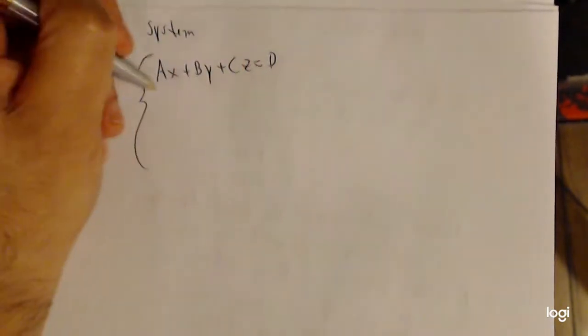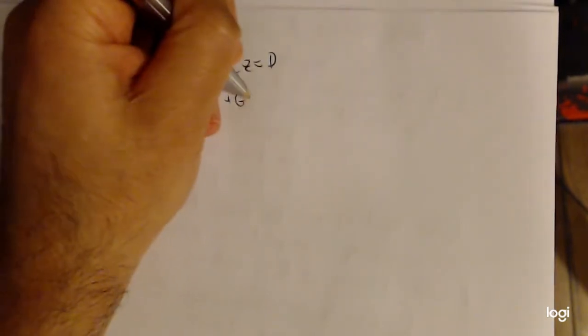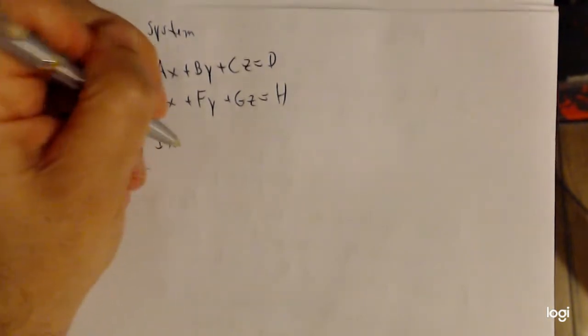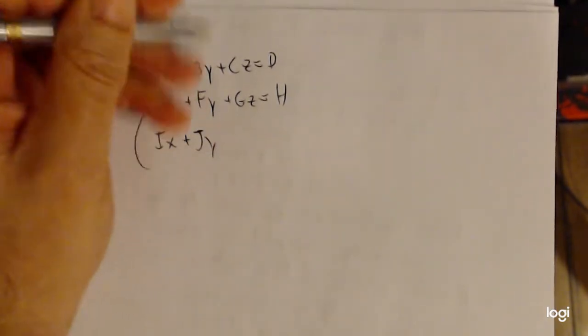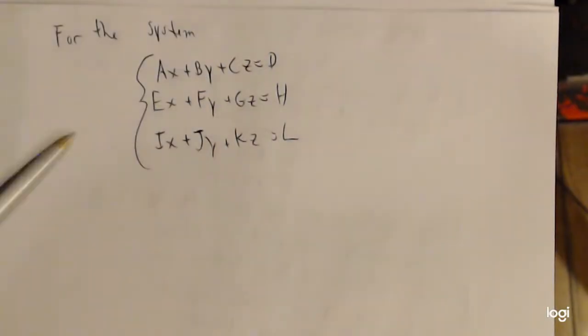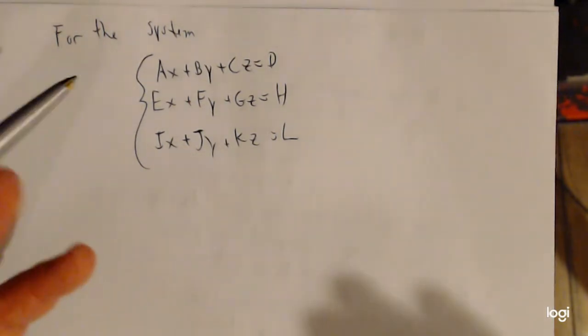So for the system, if I give you a system of this form, and I'm just going to generalize it, so ax plus by plus cz equals d, ex plus fy plus gz equals h, ix plus jy plus kz equals L, and obviously the letters A through L, we're just treating those as any constants.